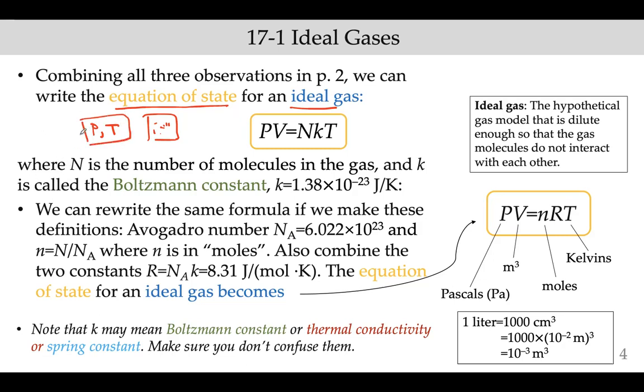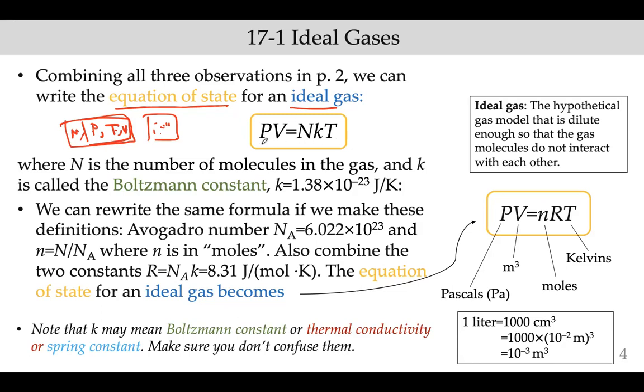The temperature may be different, pressure may be different, also the volume may be different, N may be different. So for specific values of these, it's in a state. But it can be in many different states. However, there's a restriction on the values of these variables, and that restriction comes from this ideal gas formula.